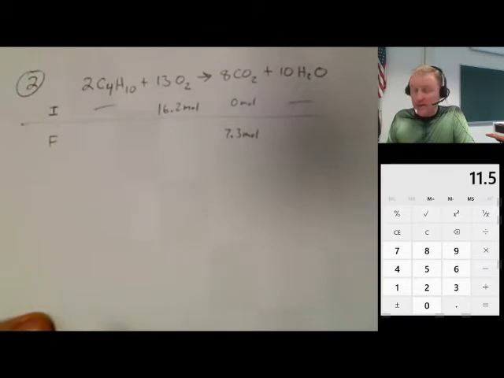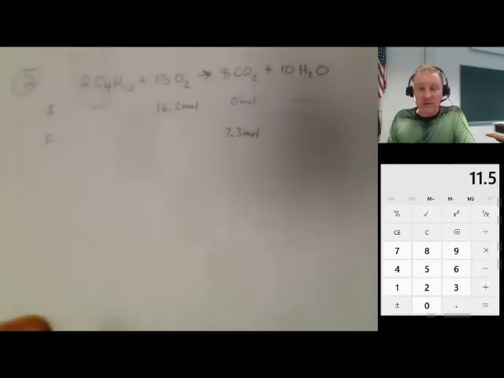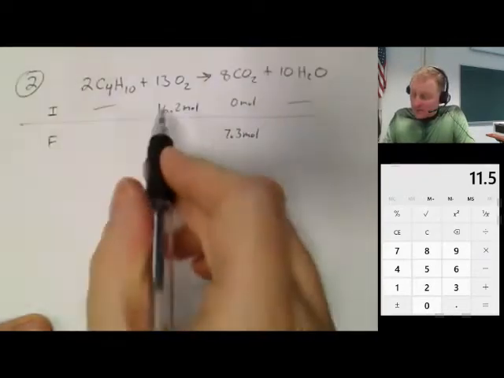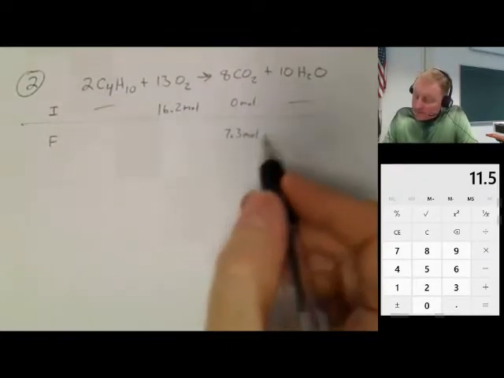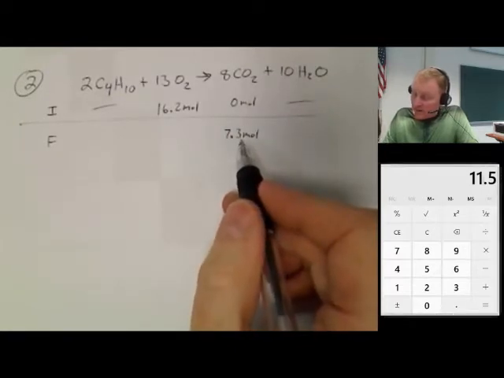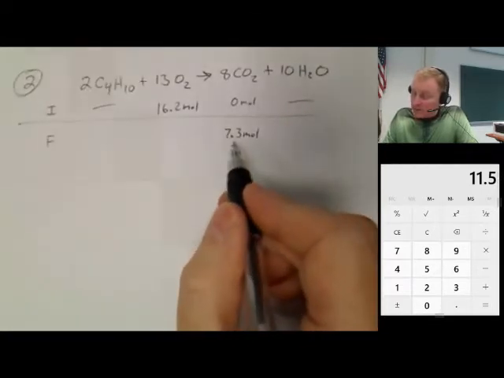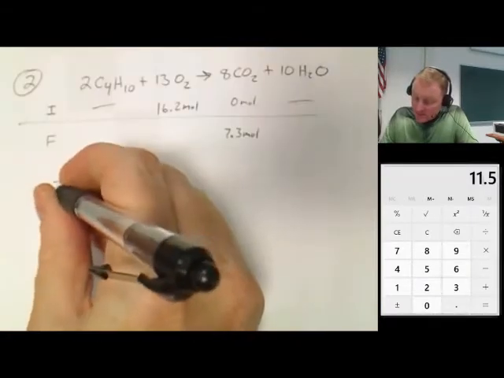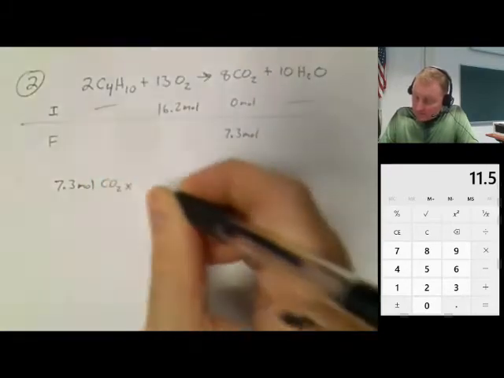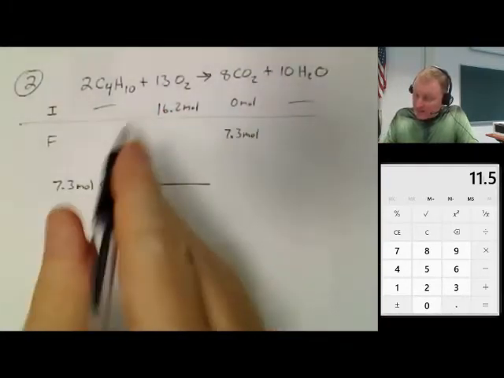These guys don't seem to matter in this equation. The butane and the water don't seem to be a factor because the question's asking how many moles of oxygen are left in the vessel. Well, if this was produced from the reaction, we can stoichiometrically figure out how many moles of oxygen were used to produce 7.3 moles of carbon dioxide. So to do that, we take 7.3 moles of carbon dioxide, and let's convert that into oxygen.